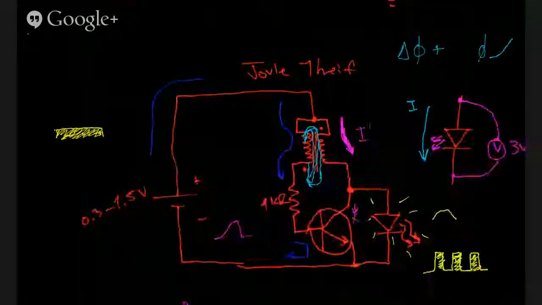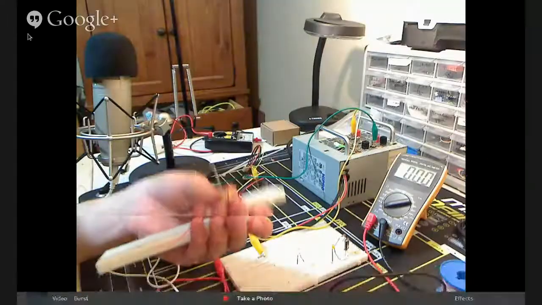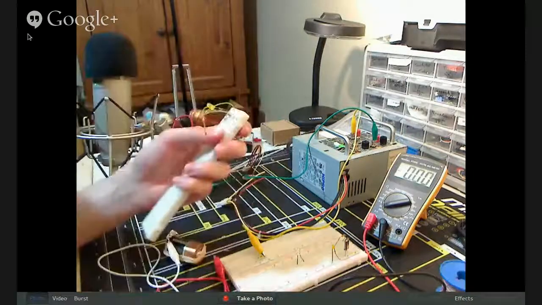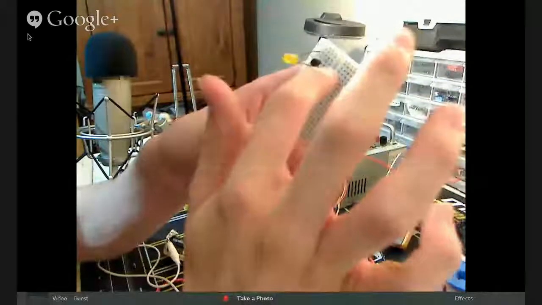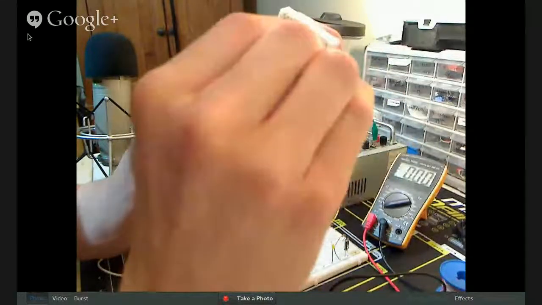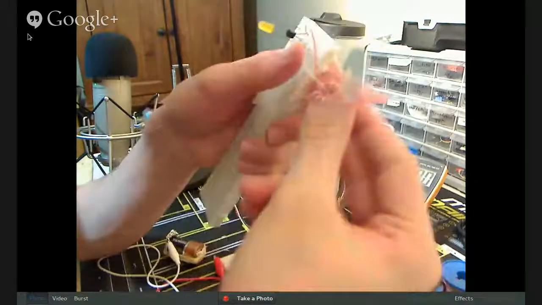Then finally, looking back at the schematic, we're going to take our toroid. We twisted two of the leads together. It doesn't matter which one we use, but one needs to go to the base resistor, and the other one goes to the collector of the transistor. And that's it. We've built it.